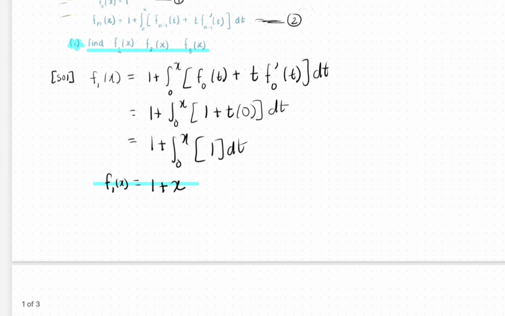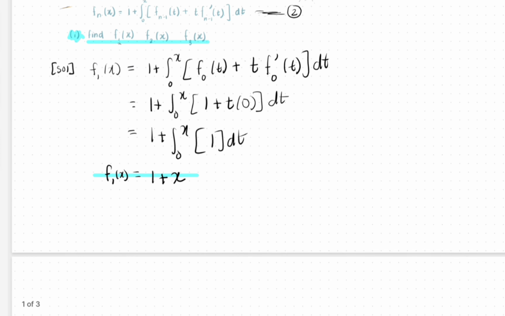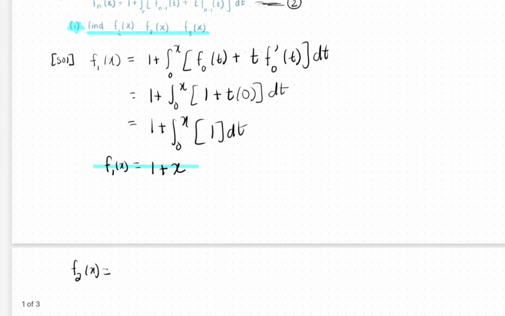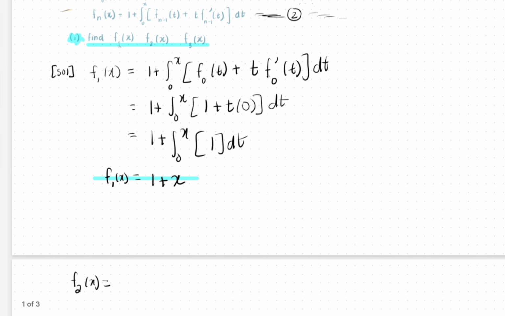Now let's try to find f2 of x. So once again, same procedure. That's basically saying f2 of x is equal to, substituting in this equation once again, 1 plus the integration from 0 to x of f2 minus 1, which is f1, of t plus t times the derivative of f1 of t dt.